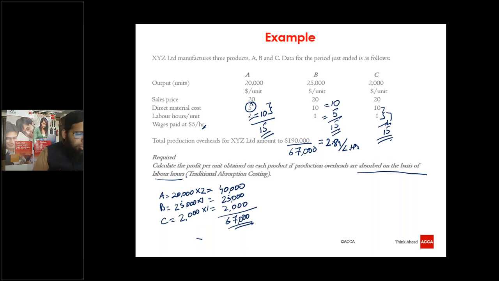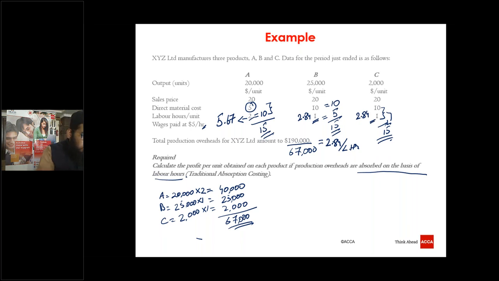So if I multiply the rate of 2.84 by 2, for product A, overheads will be how much? 2.84 times 2, how much will be the answer? Yes, 5.67. It will be 2.84 for B because there is only 1 hour, and 2.84 for C.